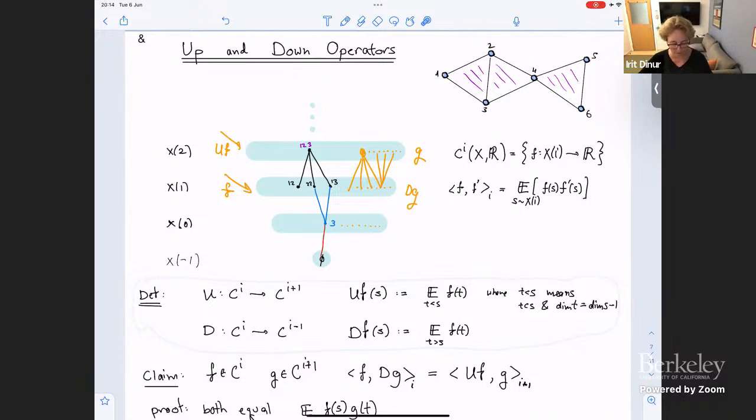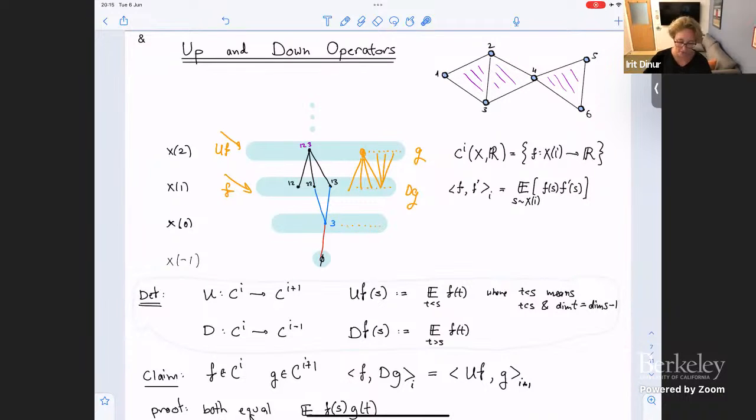If I have an i-chain f, a function on the i-faces, and I want to evaluate it at a point S, I look at all the subfaces T of S, and the notation T < S just means that T is contained in S and has one dimension below. So for example, if S is a triangle, then T ranges over the three edges inside S. So the up operator at a point S averages f of T over all the faces just one below.